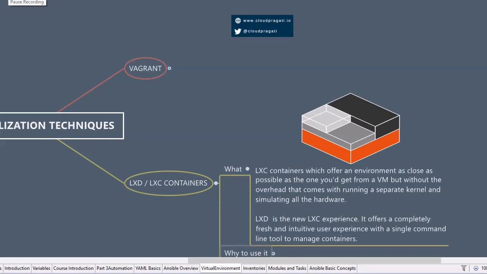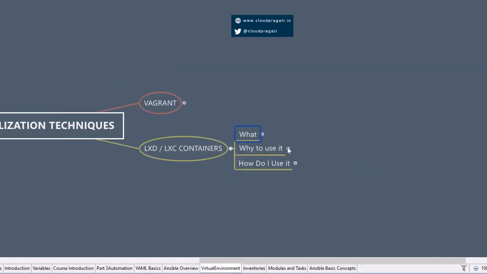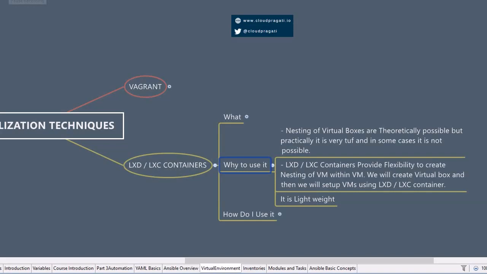Now we have a little bit of understanding about LXC and LXD containers. We will move forward and look into why we actually use it, and why not any other virtualization technique. So let's look into that. Basically what it provides is nesting of virtual machines. What does it mean?